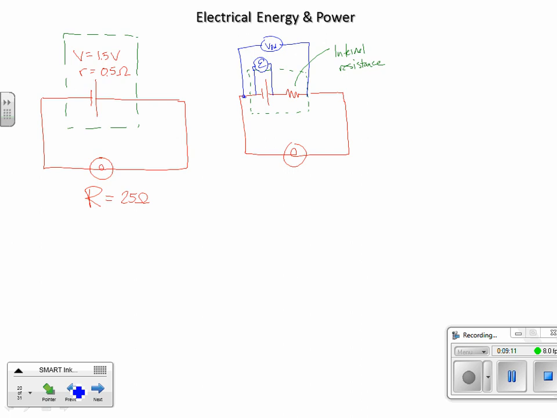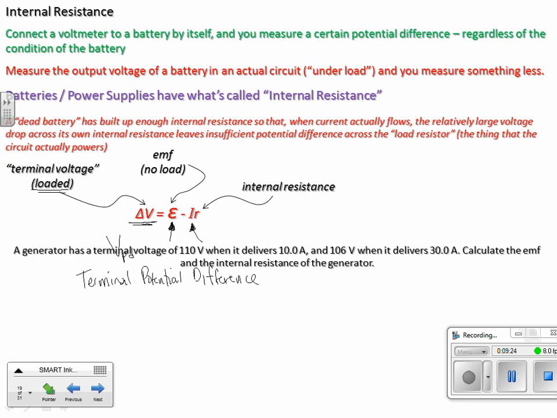The terminal potential difference involves what the battery is nominally capable of, plus what its internal resistance limits it to be able to do. This might be the 1.5 volts on the side of the battery.